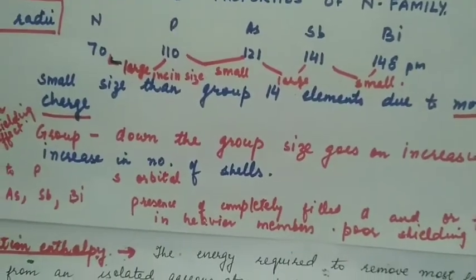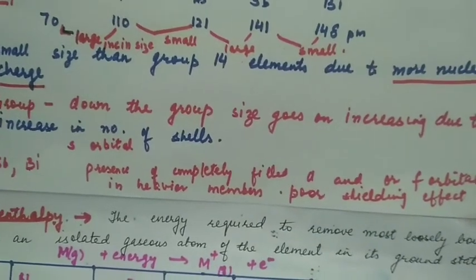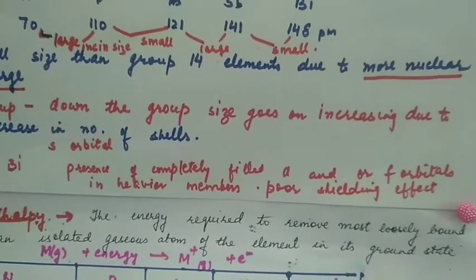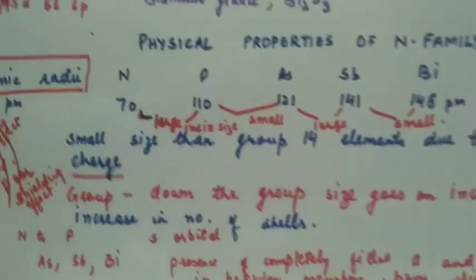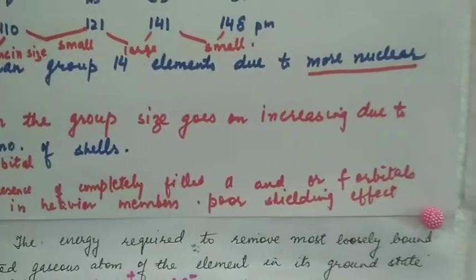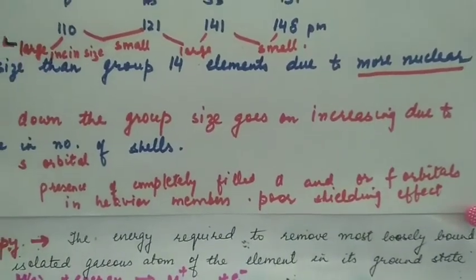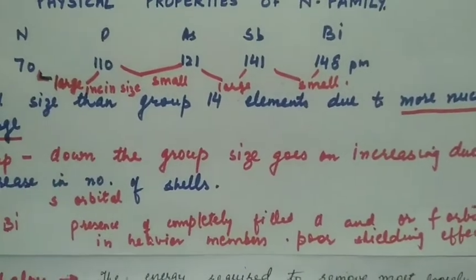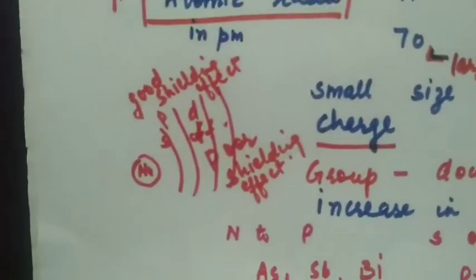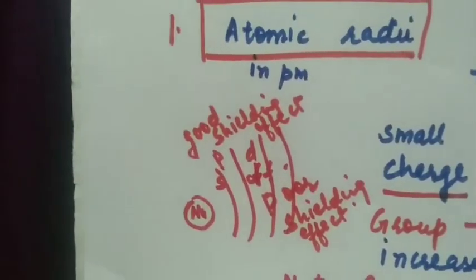This is because of the presence of completely filled d and or f orbitals in the heavier members. The d and f orbitals show poor screening effect, because of which the increase in size is comparatively less.